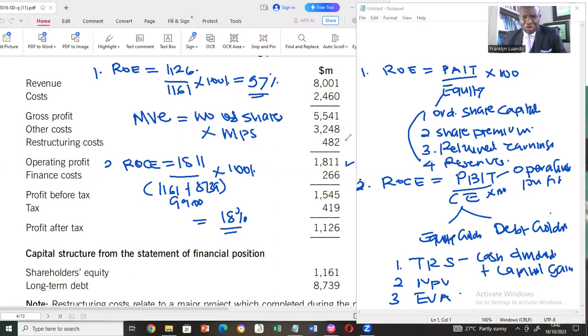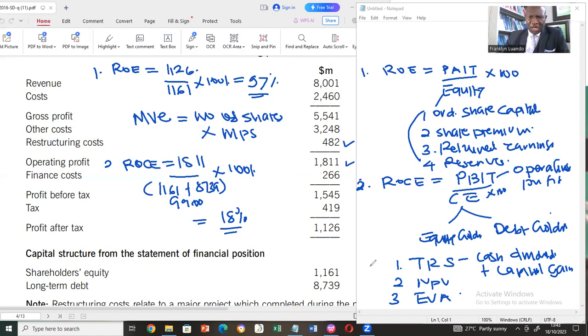but now we have one cost. Restructuring costs do not recur. So we may consider to recalculate excluding the restructuring cost. When we exclude the restructuring cost, what will be the return?